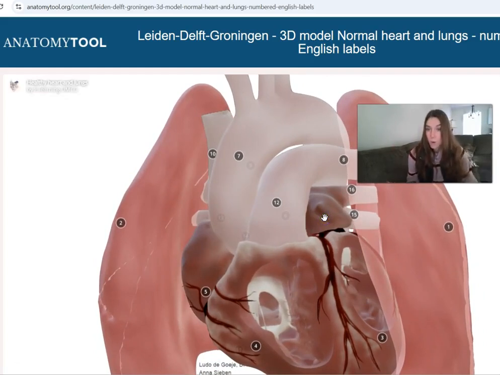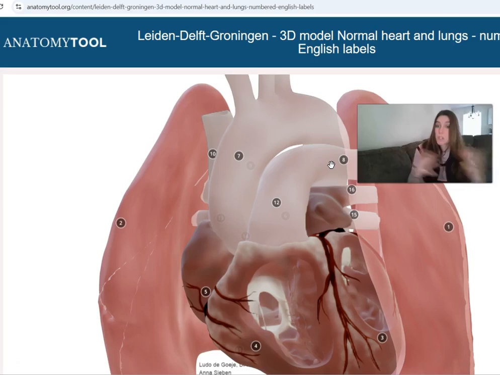So very important to recognize that these are called the pulmonary arteries. Arteries in the human body carry blood away from the heart. So this is one of the rare cases in which these arteries are carrying deoxygenated blood because they're being carried from the heart, from the right ventricle to the lungs to become oxygenated.